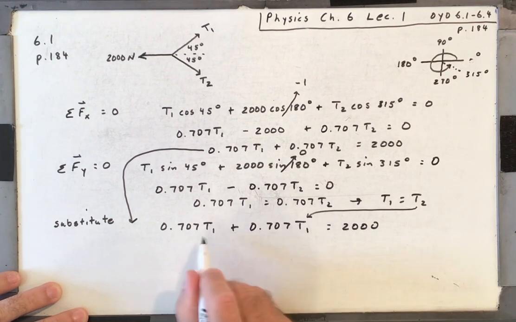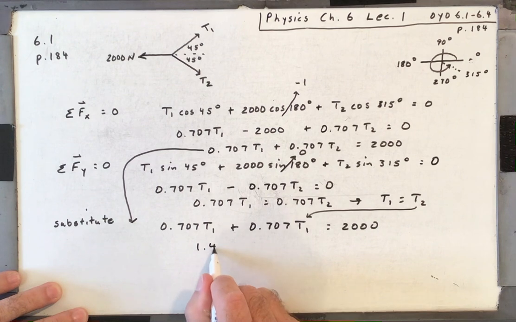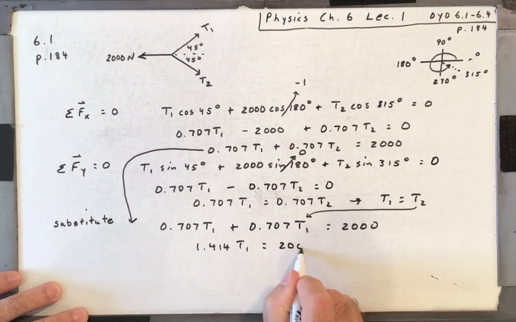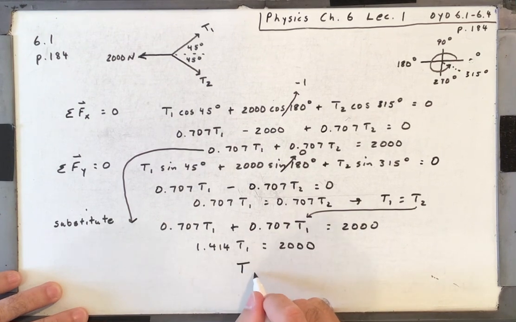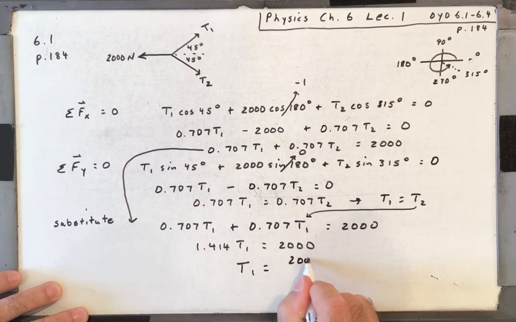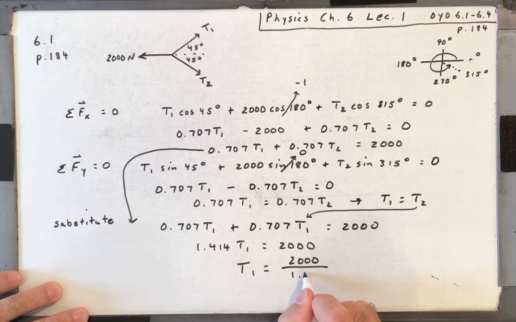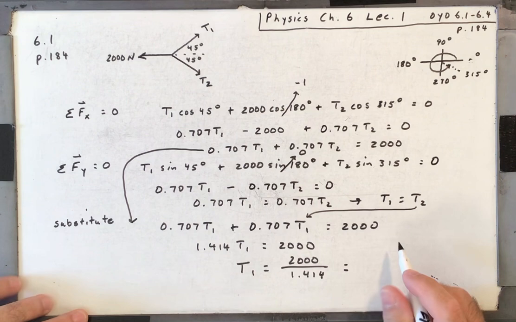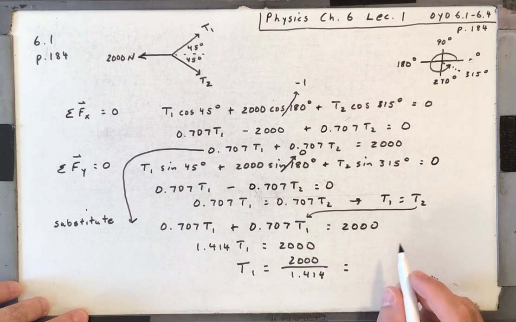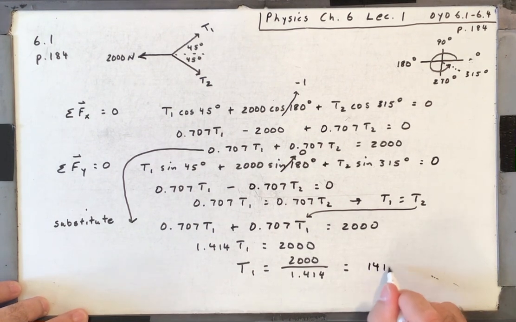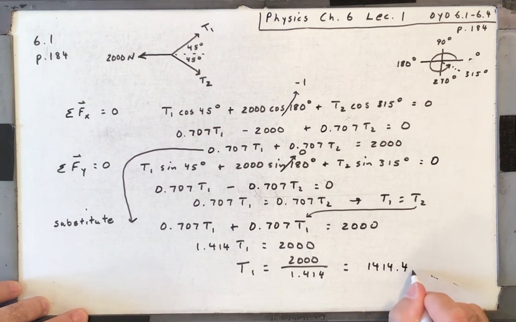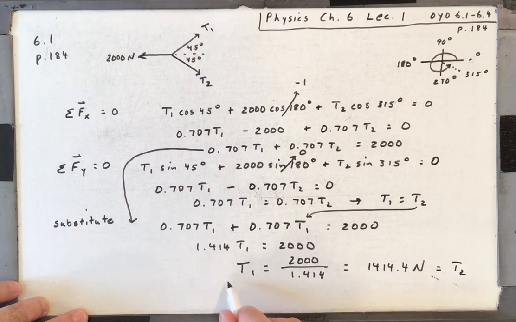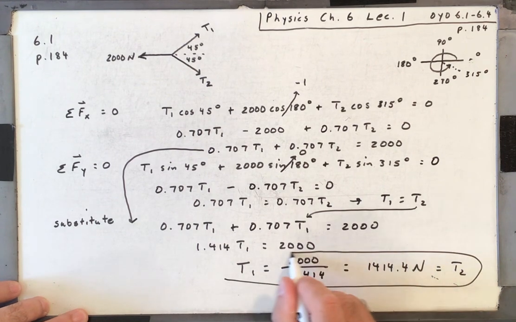So if we add those two together, that's 1.414 T1 is equal to 2,000. Now we can get T1. So T1 is 2,000 over 1.414, and that is 1,414.4 newtons. And that's also equal to T2, remember, because T1 is equal to T2.